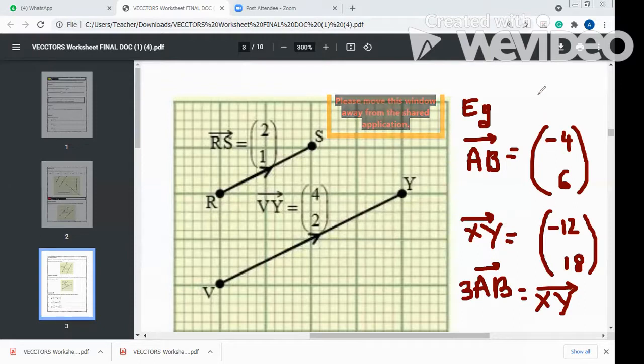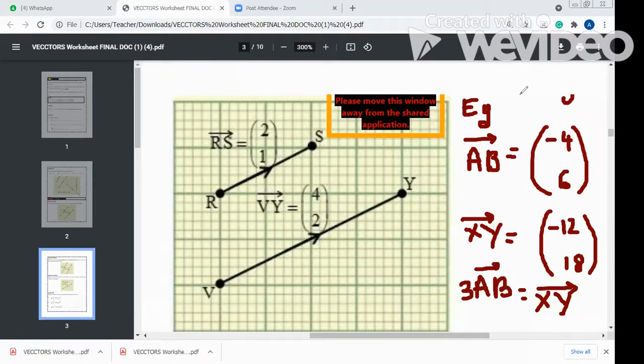Sir, couldn't you divide negative 4 by negative 12 and 6 by 18, and then you get the answer? Sir, I'm kind of lost.